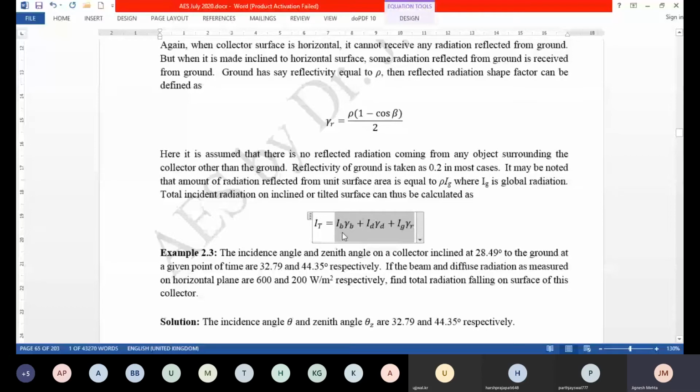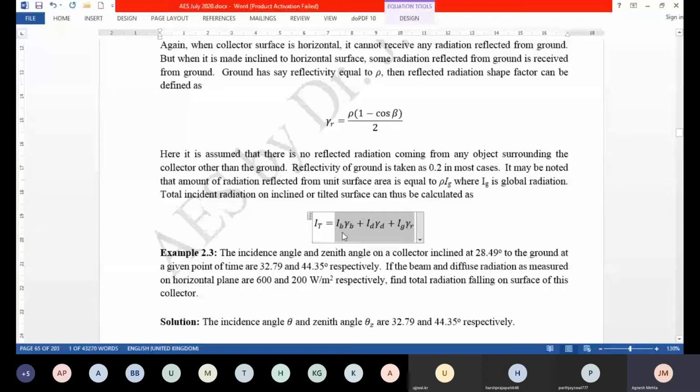Gamma B is equal to cos theta upon cos theta Z. So get the value of gamma B and tell me what is the number you are getting. Later on we'll multiply it with IB and get the first term.